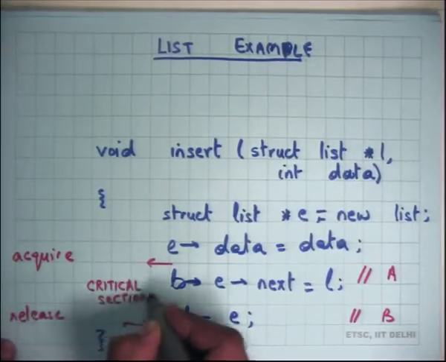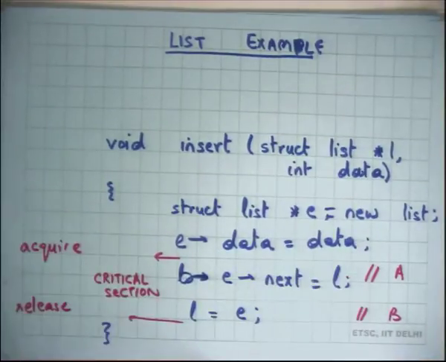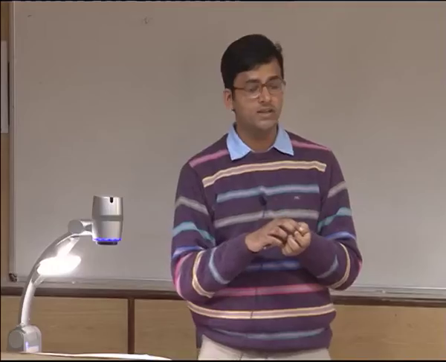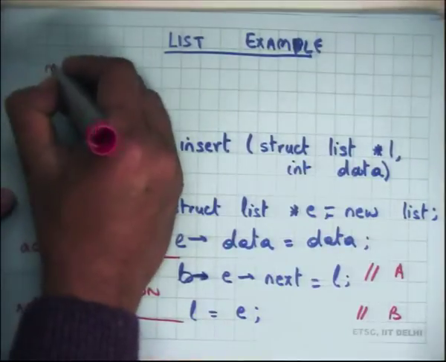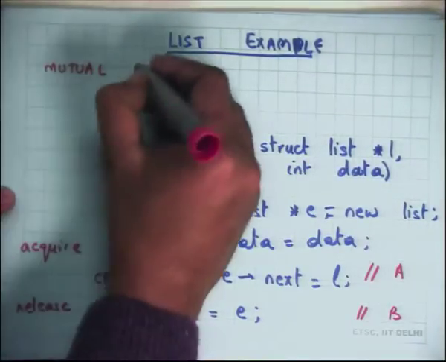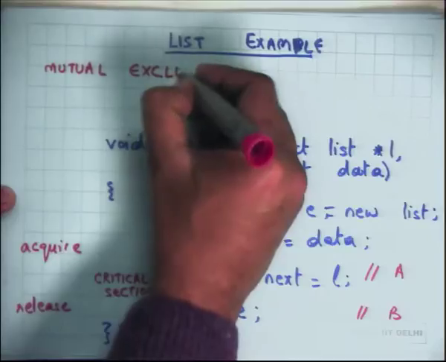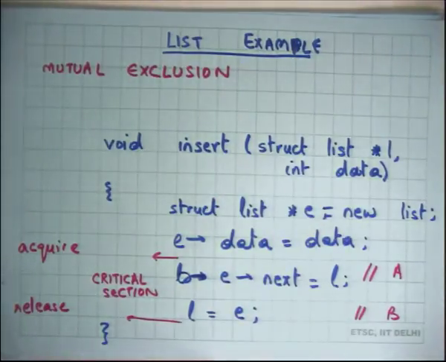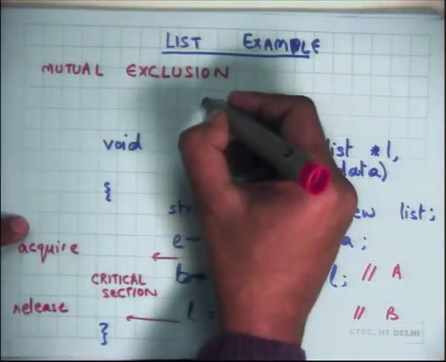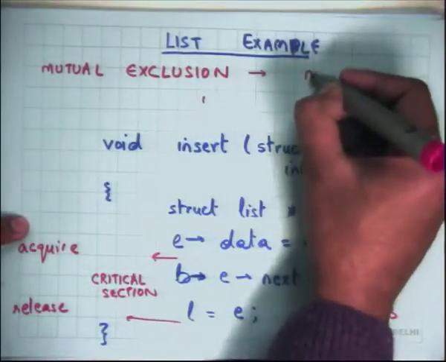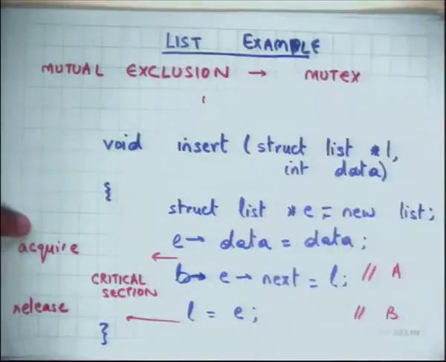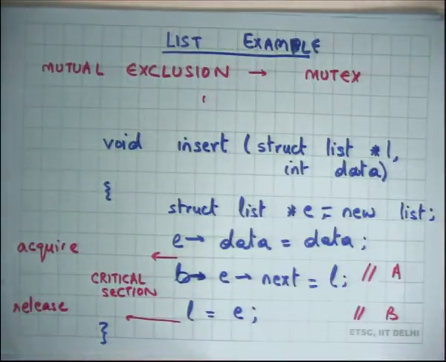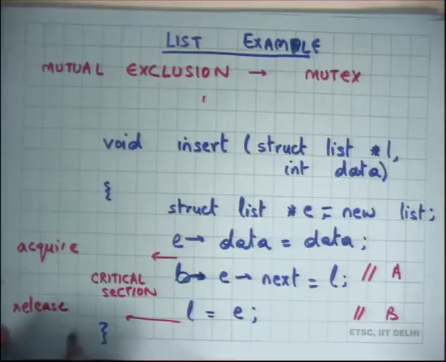Using locks to ensure that only one thread is active in the critical section is called mutual exclusion. So locks are a way to ensure mutual exclusion, and in fact another name for a lock, because of this word, is mutex. A lock is also called a mutex in many scenarios.